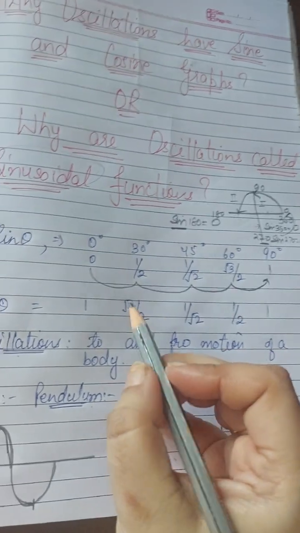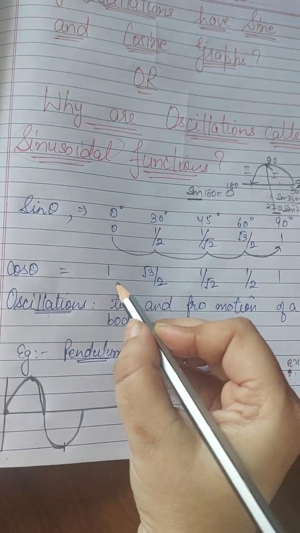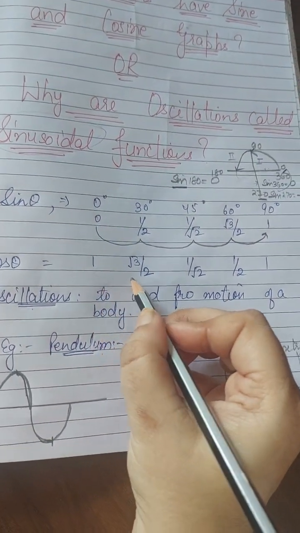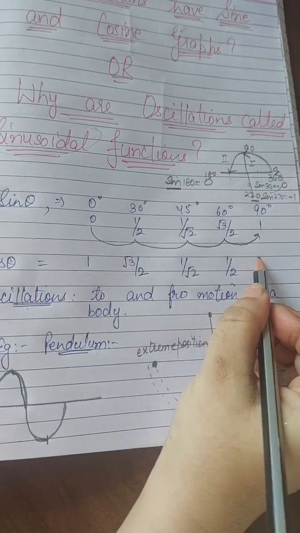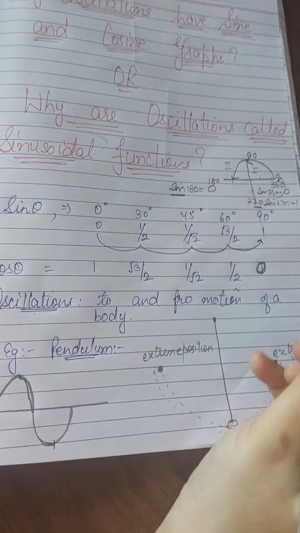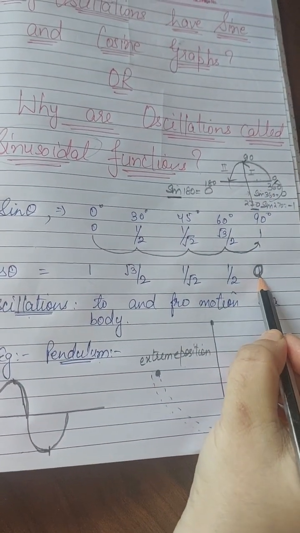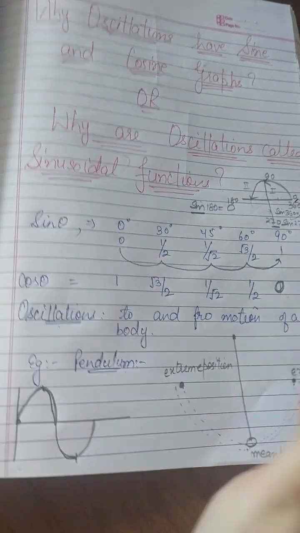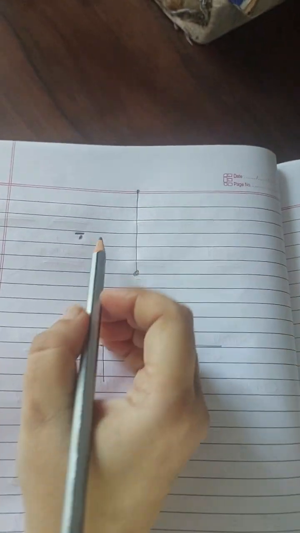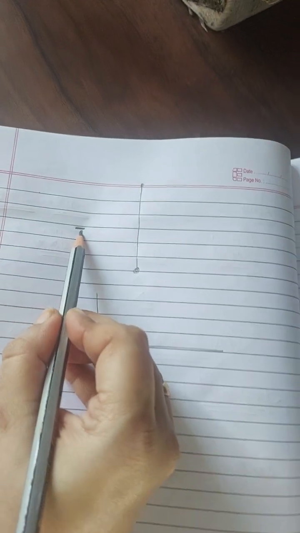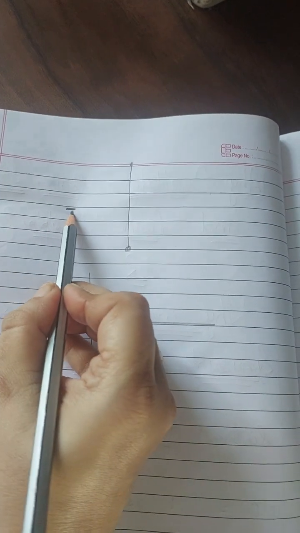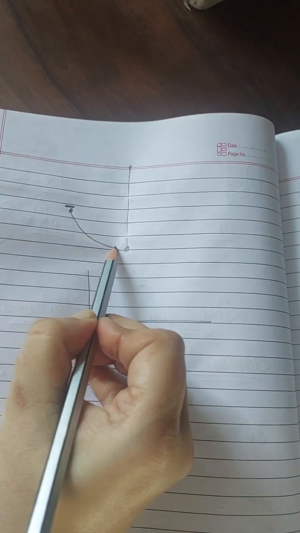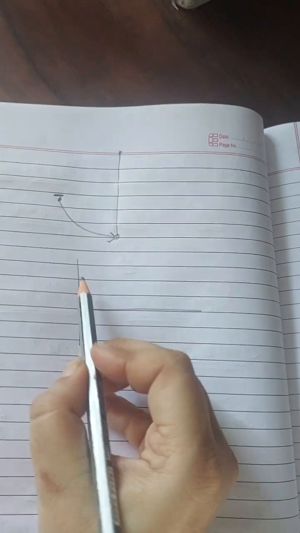In cos theta, cos 0 is 1. With the increase of angle, the value of cos theta decreases. A similar thing happens there. The graph will start from the extreme position and will reach towards its mean position.